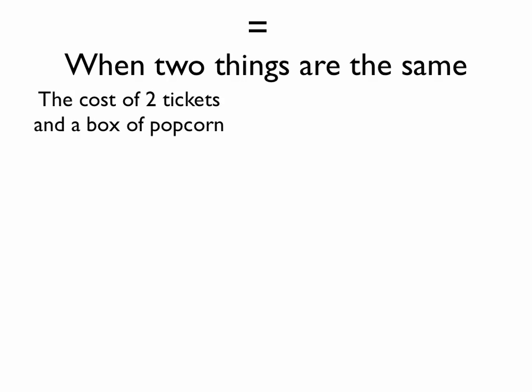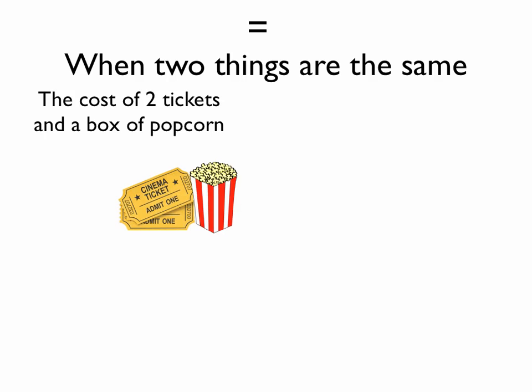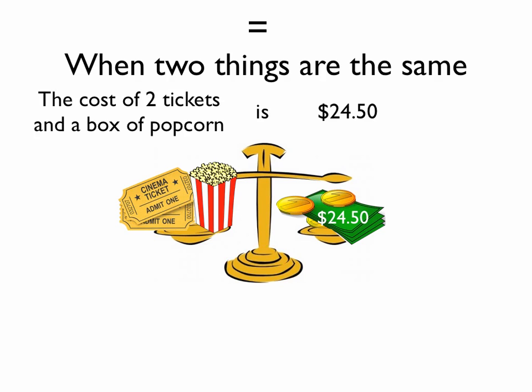We can also balance things that don't have weights, but that have, for example, values. The cost of 2 tickets to a movie and a box of popcorn is $24.50. So we could imagine setting these two things equal to each other and putting them on a balance scale. And while they might not weigh as much as each other, their costs balance each other out.